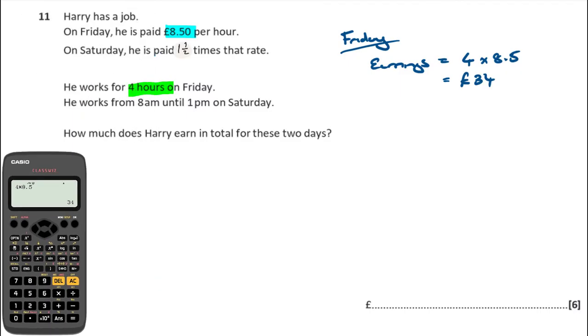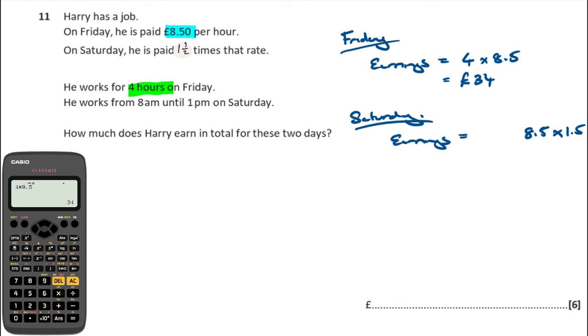Then on Saturday, his earnings are going to be, well, how much is he earning first off? He's earning 1.5 times his salary. So it's going to be his normal 8.5 times by 1.5. I'm just going to multiply it by an extra 1.5 because you get time and a half. Okay.